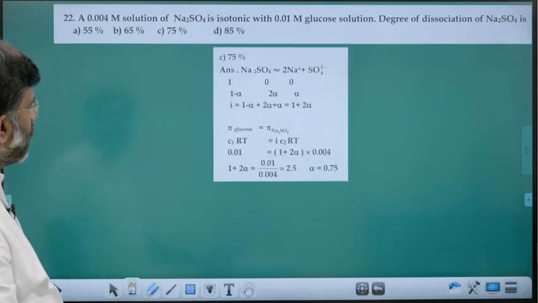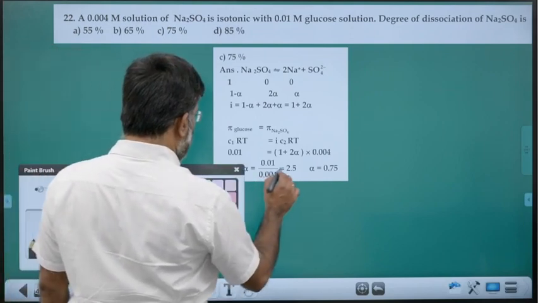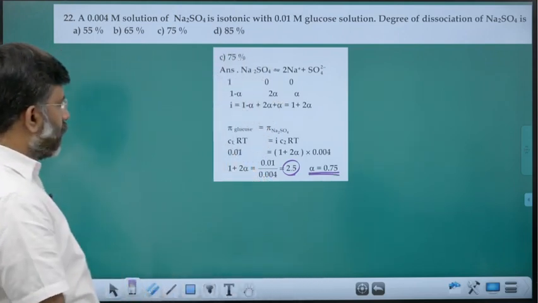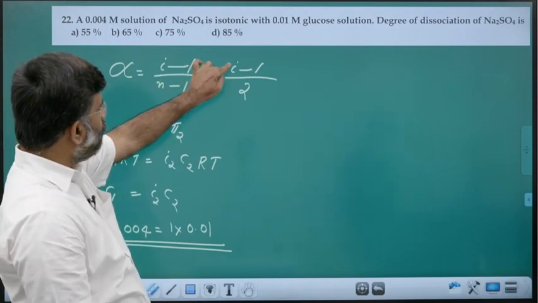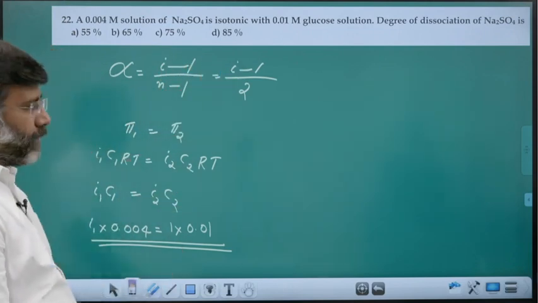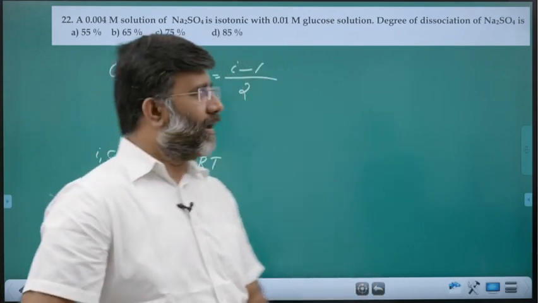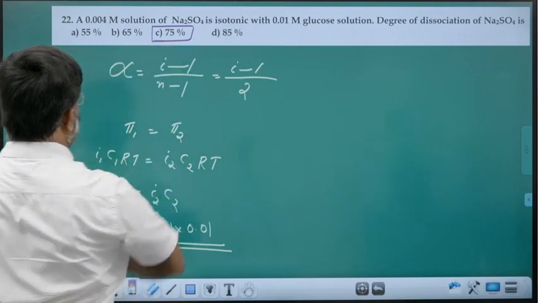Therefore alpha is 2.5 minus 1 divided by 2, that is 1.5 by 2, 0.75. Alpha is 75%. Option C.